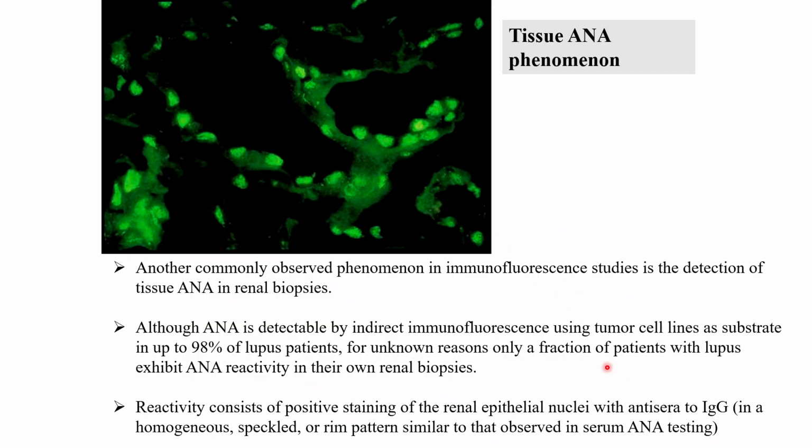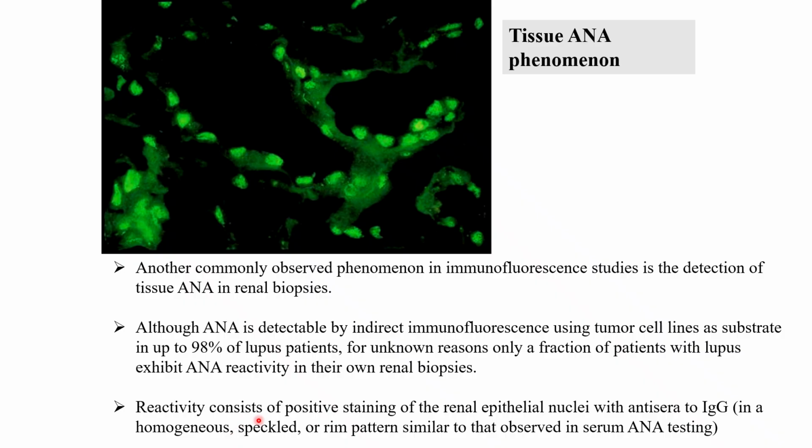Then there is the tissue ANA phenomenon. Another commonly observed phenomenon in immunofluorescence studies is the detection of tissue ANA in renal biopsies. Although ANA is detectable by indirect immunofluorescence on a tumor cell line substrate in up to 98% of lupus patients, for unknown reasons only a fraction of patients with lupus nephritis exhibit ANA activity in their own renal biopsies.